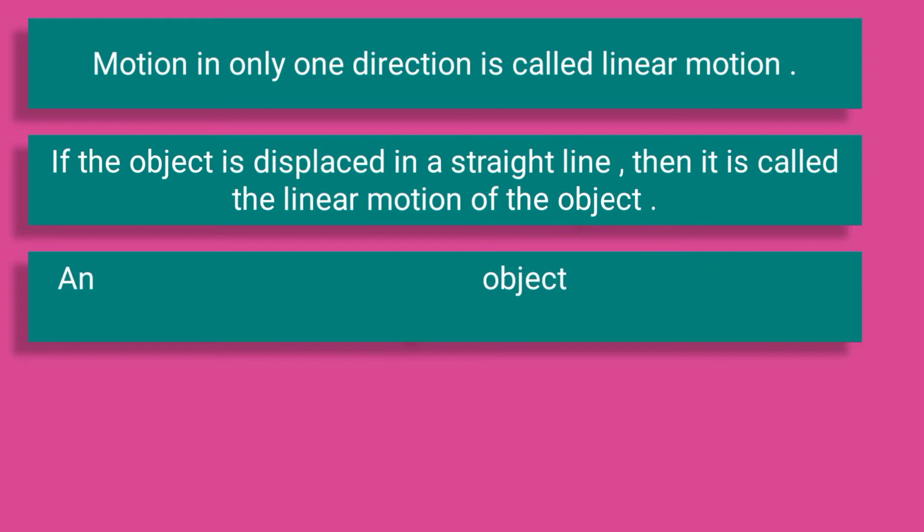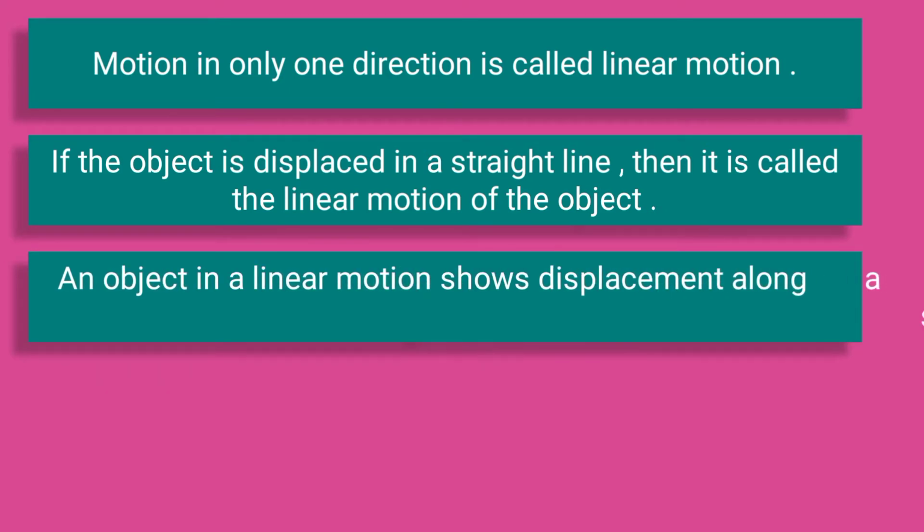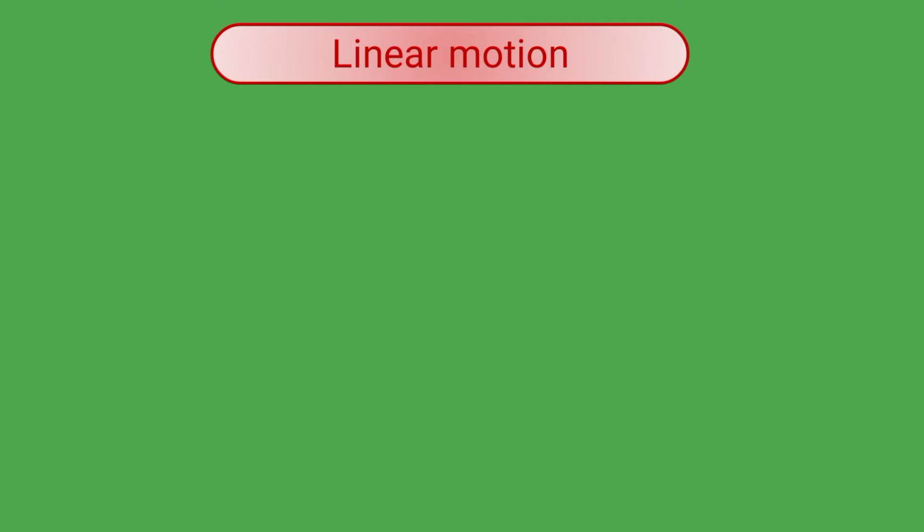Similarly, one more definition you can say: an object in linear motion shows displacement along a straight line. So here are three different definitions for linear motion. So always remember, linear motion means motion in only one direction.